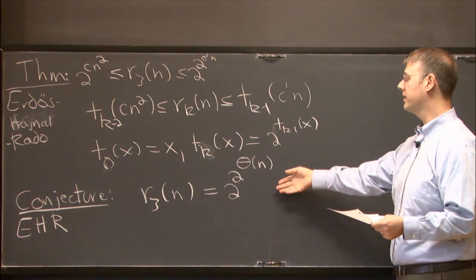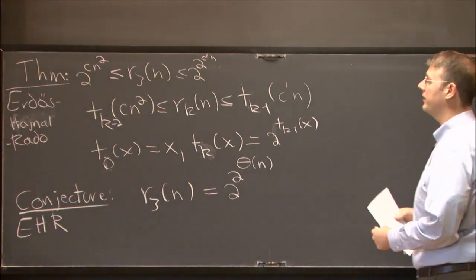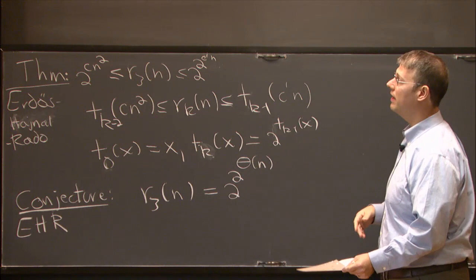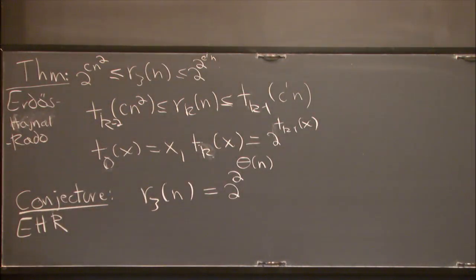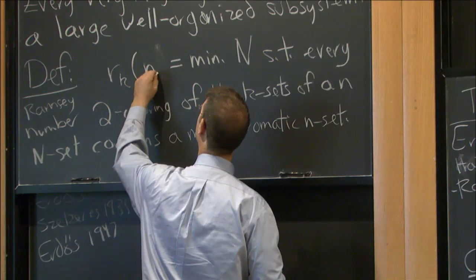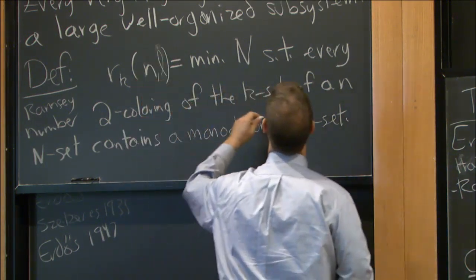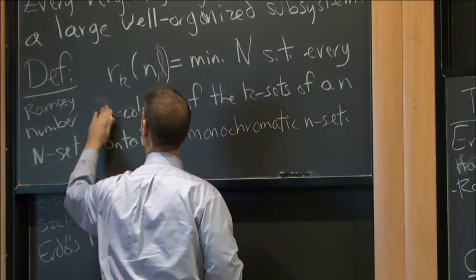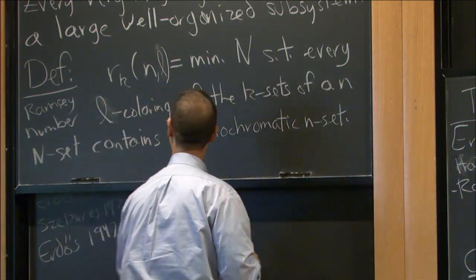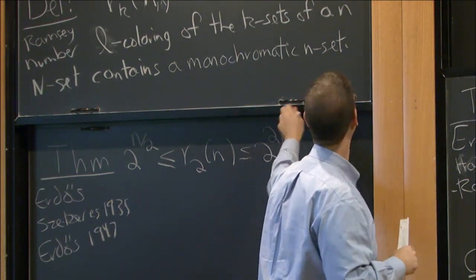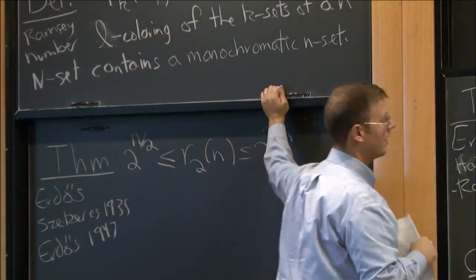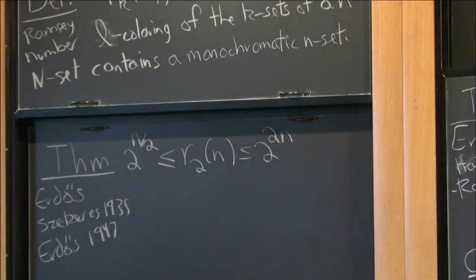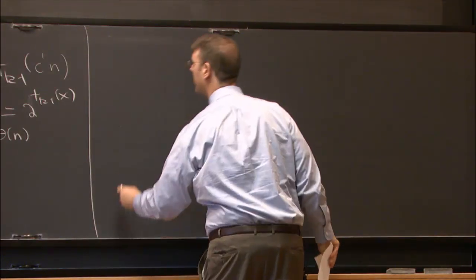Why did they think that this is the case? Well, if instead of using 2 colors, you use L colors, where L is 4, you can define the L color Ramsey number. We just change 2 to L. They show that that is, in fact, double exponential.